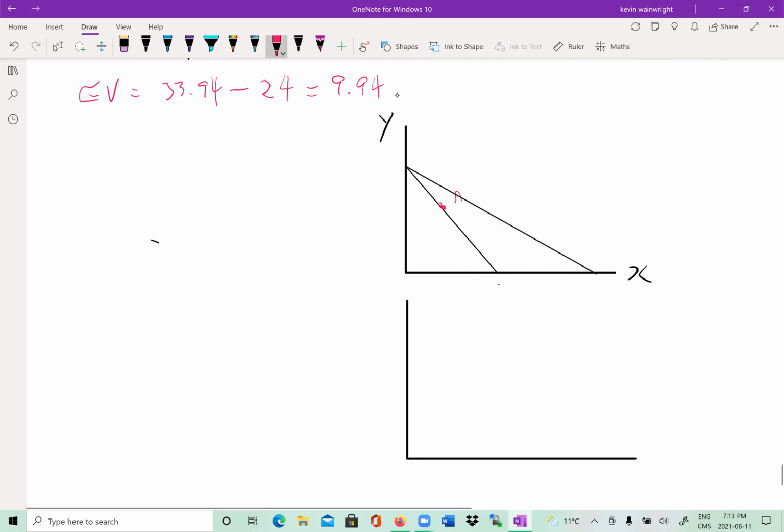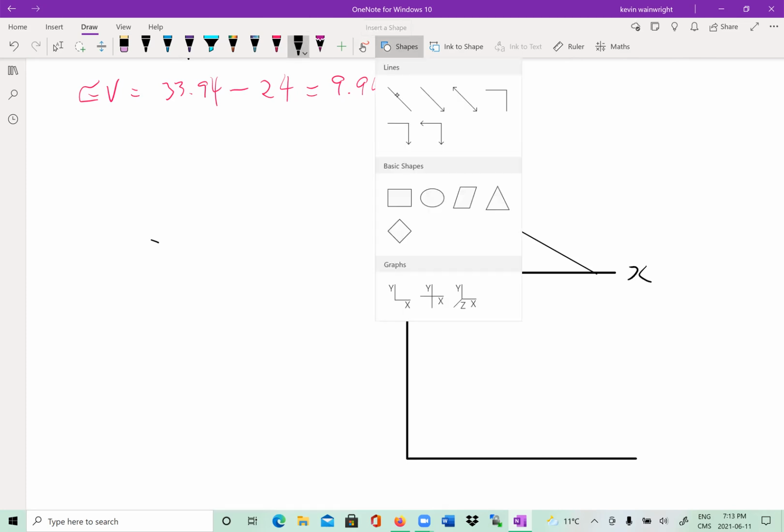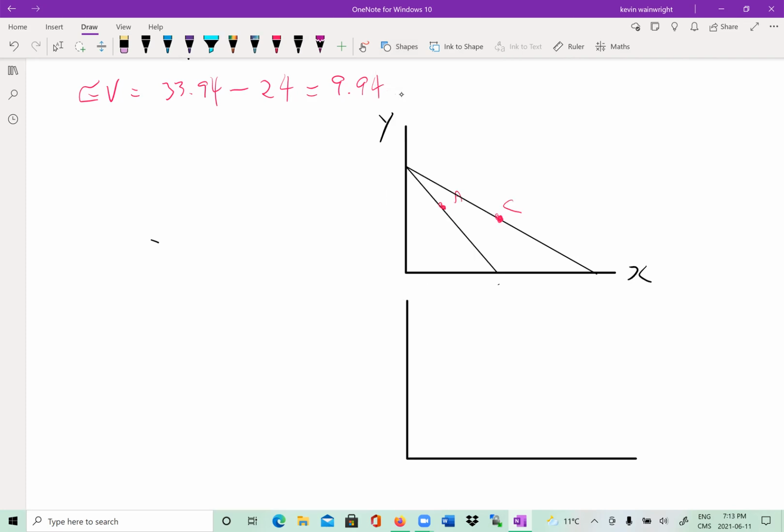And I move to a point like C. Okay. Then I take away budget to get you back to the original indifference curve.